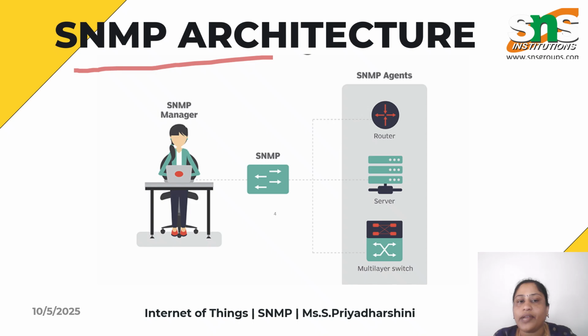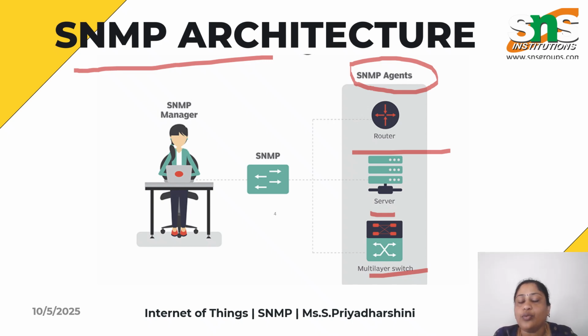When you speak about SNMP architecture, there are three important components. The first one is the managed devices. Managed devices are your routers, your switches, your servers, everything that is managed by SNMP. The next is your SNMP agent. The SNMP agent is the software installed on the device.